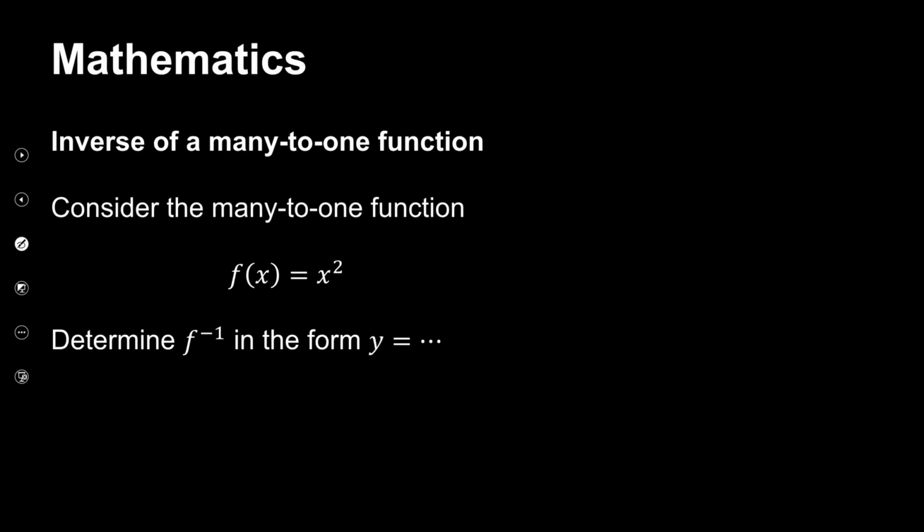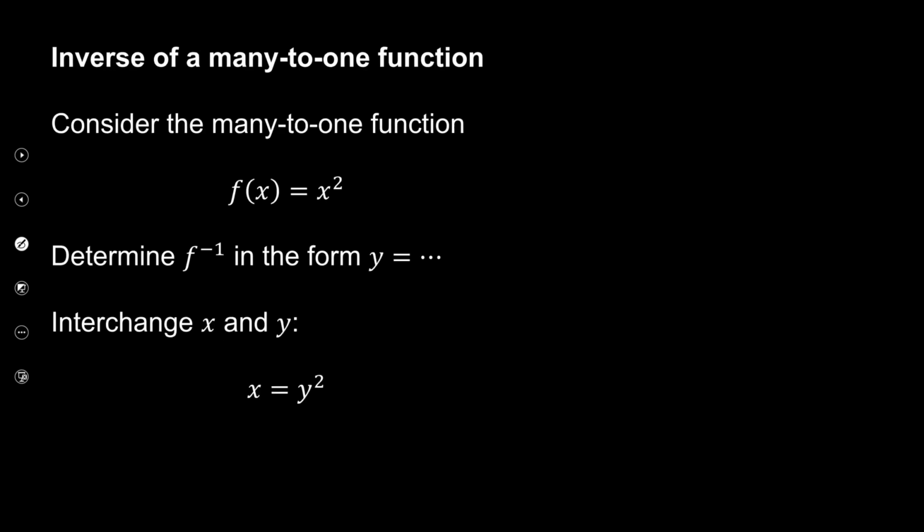Now, what we need to do is to find the inverse of this. Remember, the inverse of this is all about reflecting the line about y equals x, right? So you interchange the x and the y, which will need you to then solve for y here. So to do that, I will find a square root there, and a square root there.